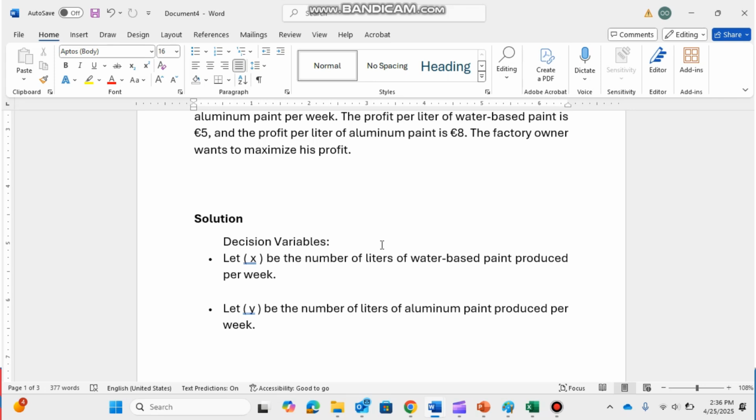First and foremost, you must express your problem mathematically. You must first state the 3 components that we need to solve this problem. The first component is called the decision variable, the second component is the objective function, and the third component is the constraint.